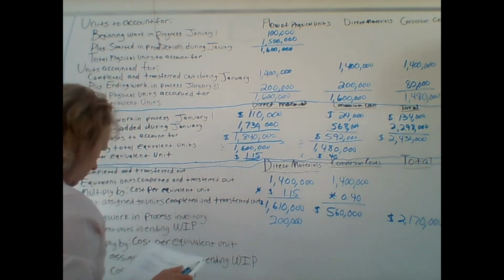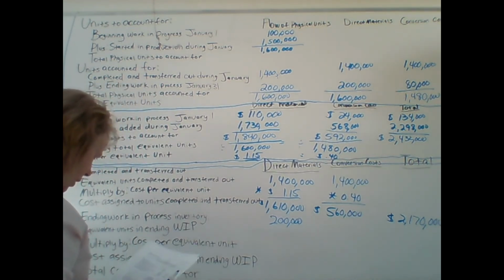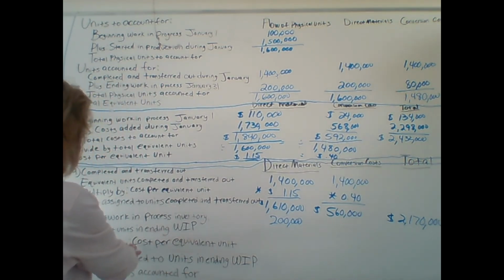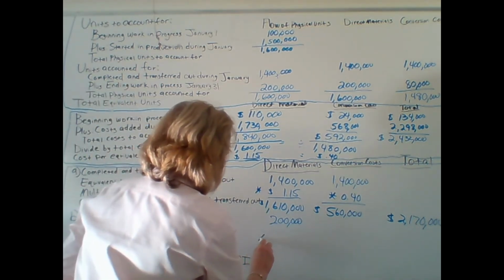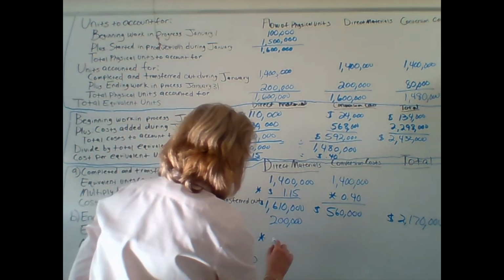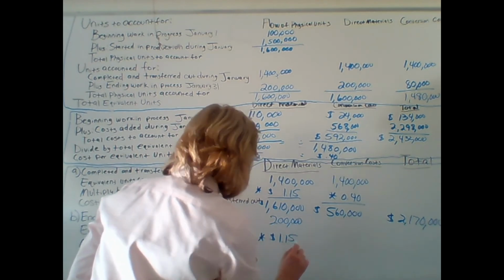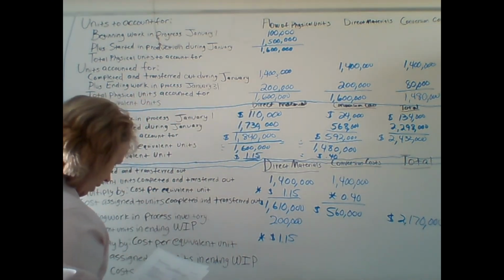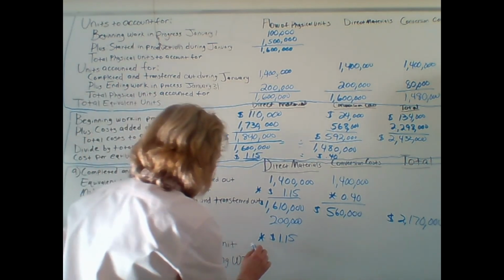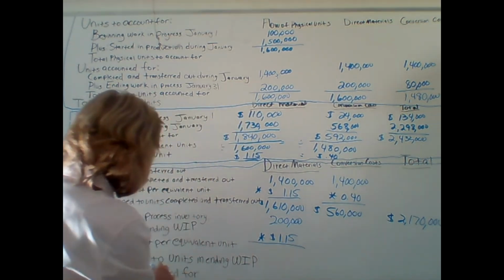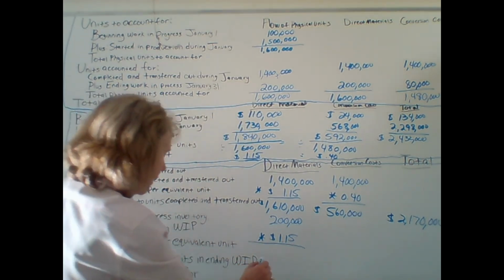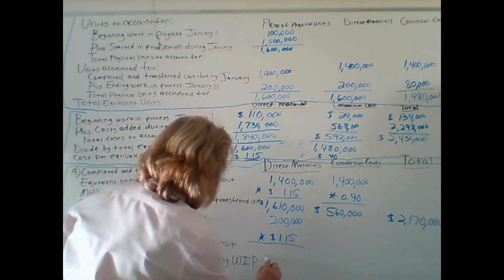And then I'm going to multiply that by the cost per equivalent unit, which is $1.15. Okay? All right, so costs assigned to work in process is 230,000.